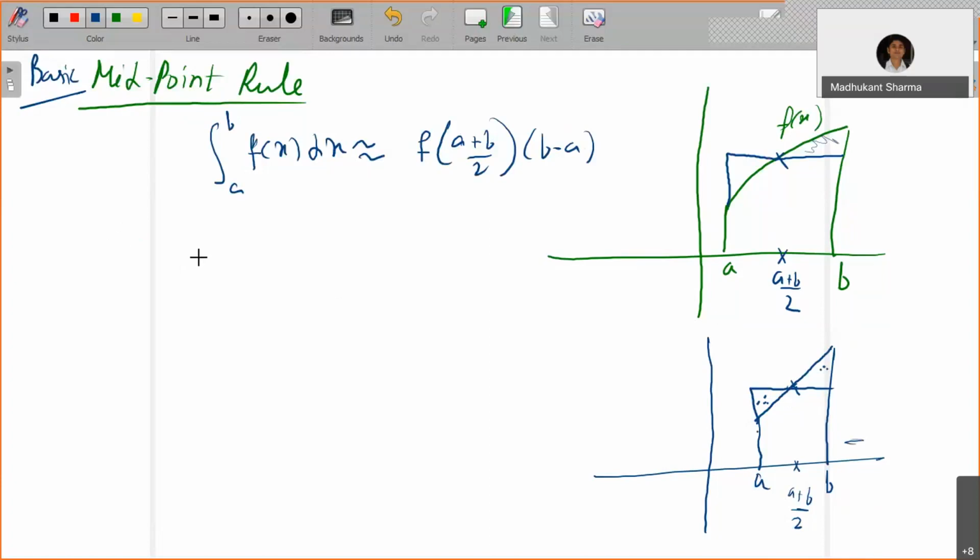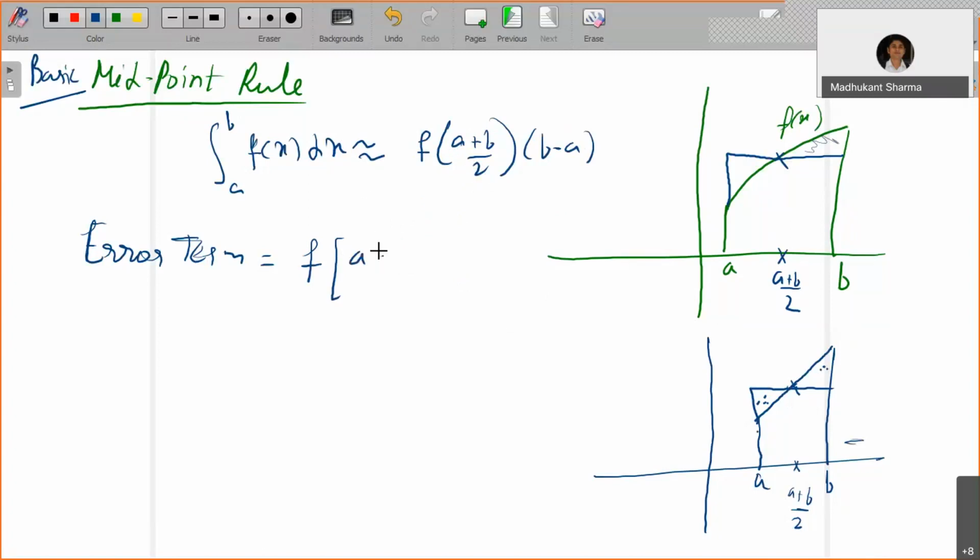If you approximate by a constant degree polynomial, the error term is f of the point (a plus b) by 2 times (b minus a), the length of the interval.